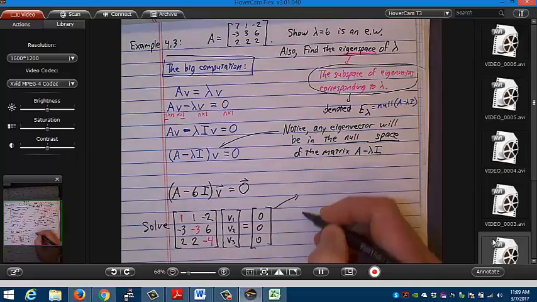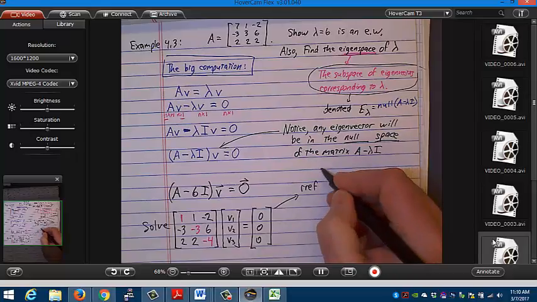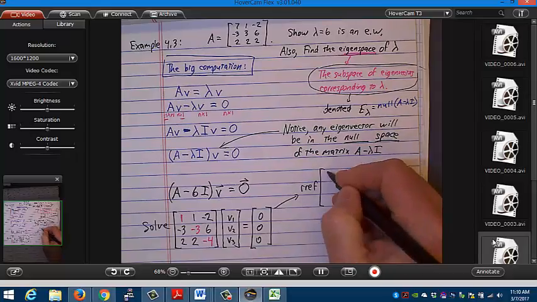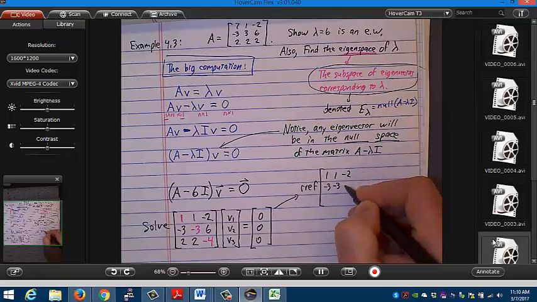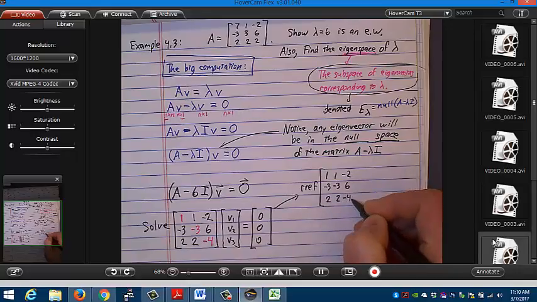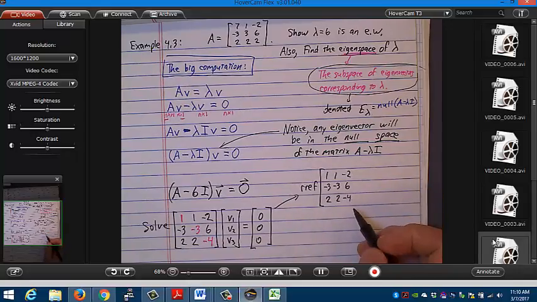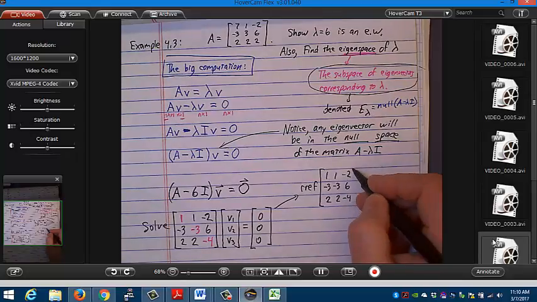And so I guess the question is, how do we solve this? Well, we know. We're going to reduce row echelon form the matrix. Question to you guys. Do you want me to write the zeros, or do you want me to just do it like the book does, and we'll just know that there's zeros there? This okay?